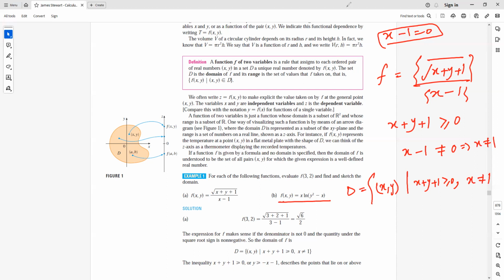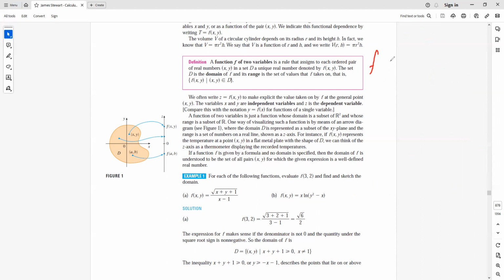Now say this function here, that is f equals x ln of y squared minus x. See here that this is the natural log function. This expression is inside the natural log. So we know that natural log is only defined on values greater than 0.